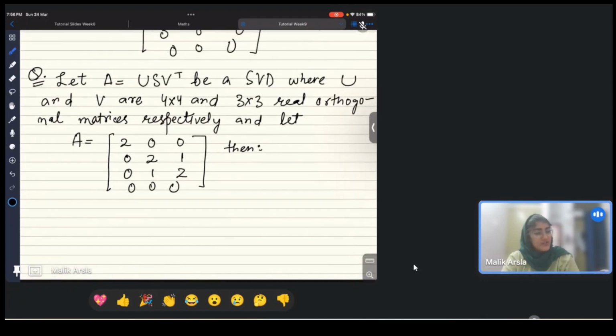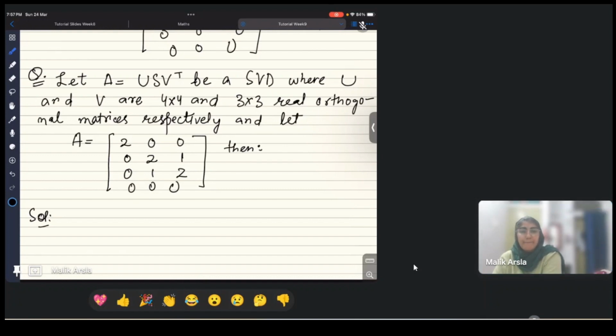So the first step here will be, see, in the previous question sigma was given, but here we will first calculate the sigma matrix. So how do we find sigma?